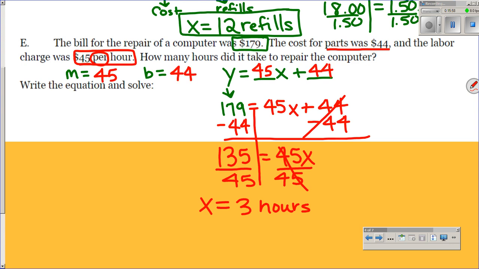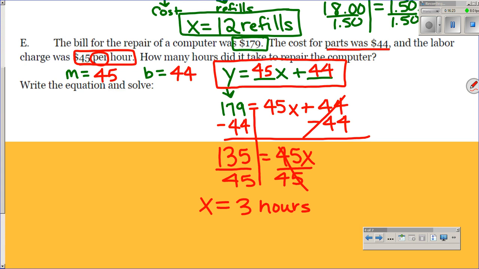You should have the equation y equals 45x plus $44. Remember, they told us the total bill to repair the computer was $179, so you substitute 179 in the place of your dependent variable y, set it equal to $45 per hour plus the $44 for your parts.